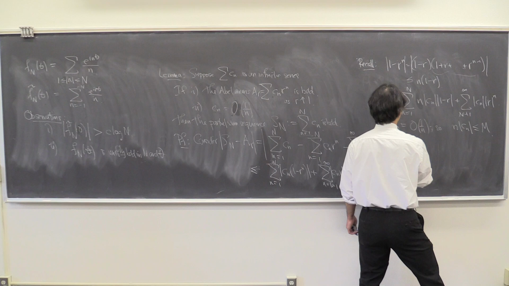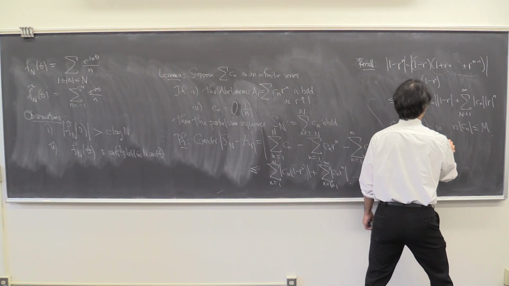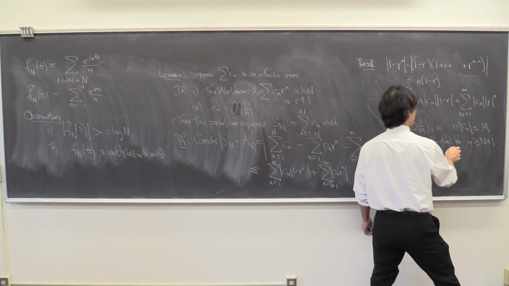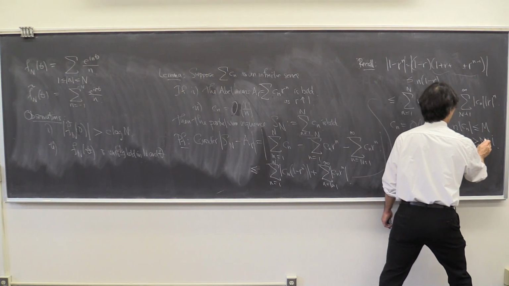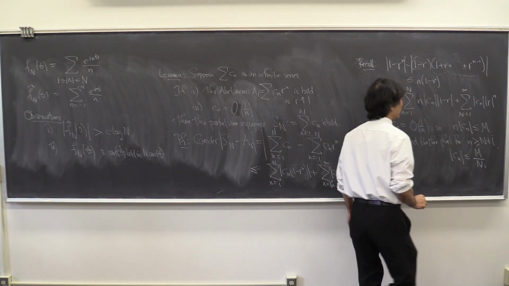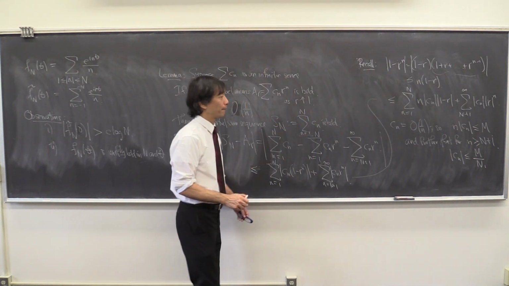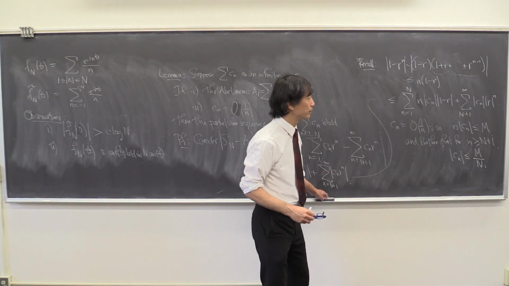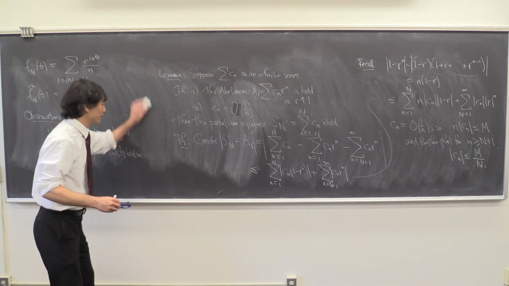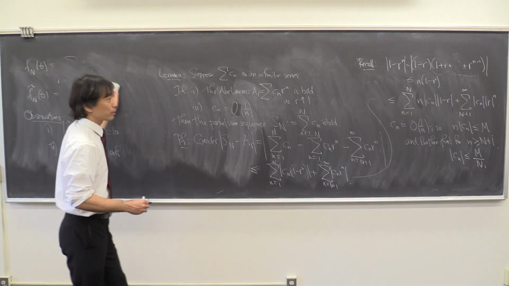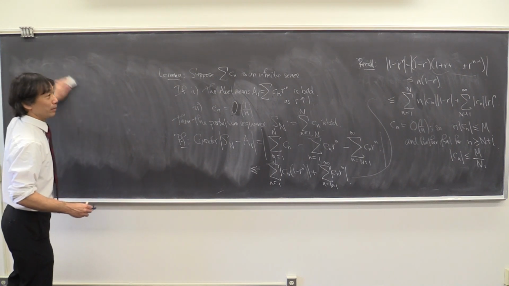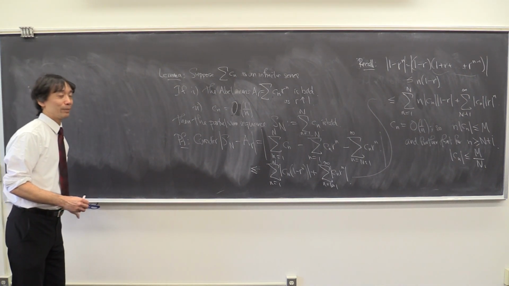And further, for n bigger than or equal to N plus 1, we have that C sub n is smaller than M over n. Is that okay? Because all the C sub n's are smaller than M over n, and if n is bigger than N plus 1, then certainly we have this one.